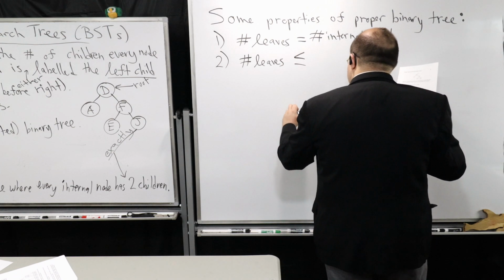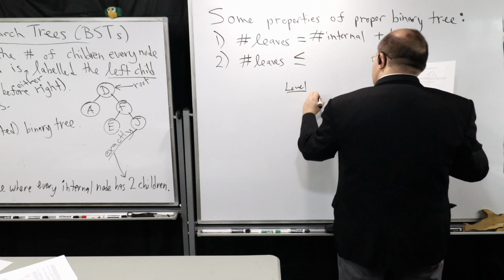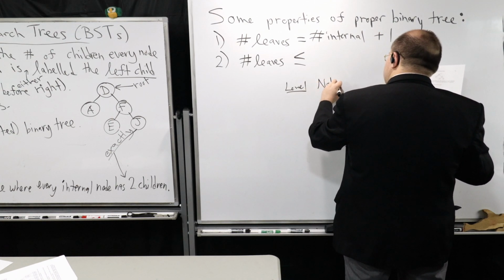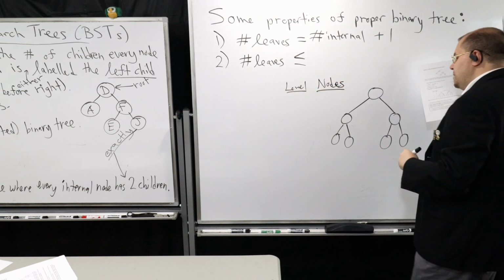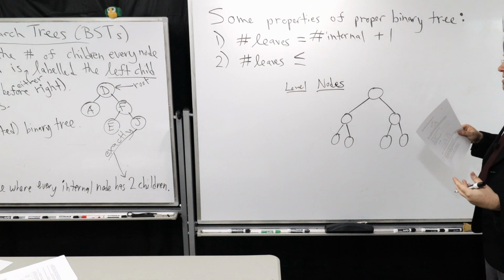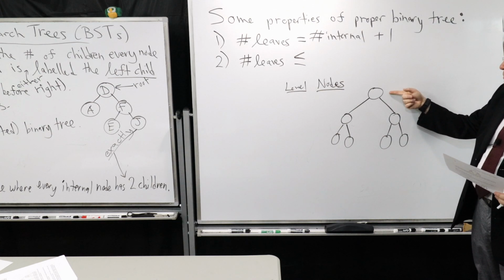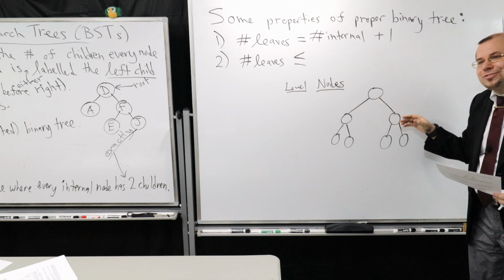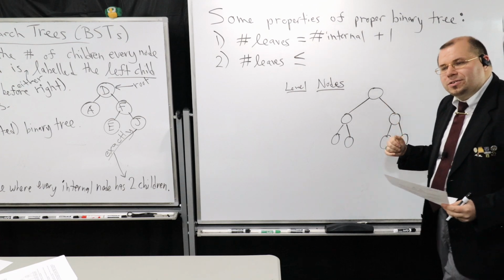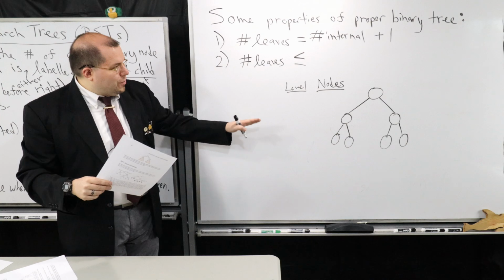So if I have the level here and the number of nodes I have, if I want to count up how many nodes there can be at most in a proper binary tree, I can maximize this by simply having as many children as possible for every one of my internal nodes, correct? So I could keep going through this over and over again, right?